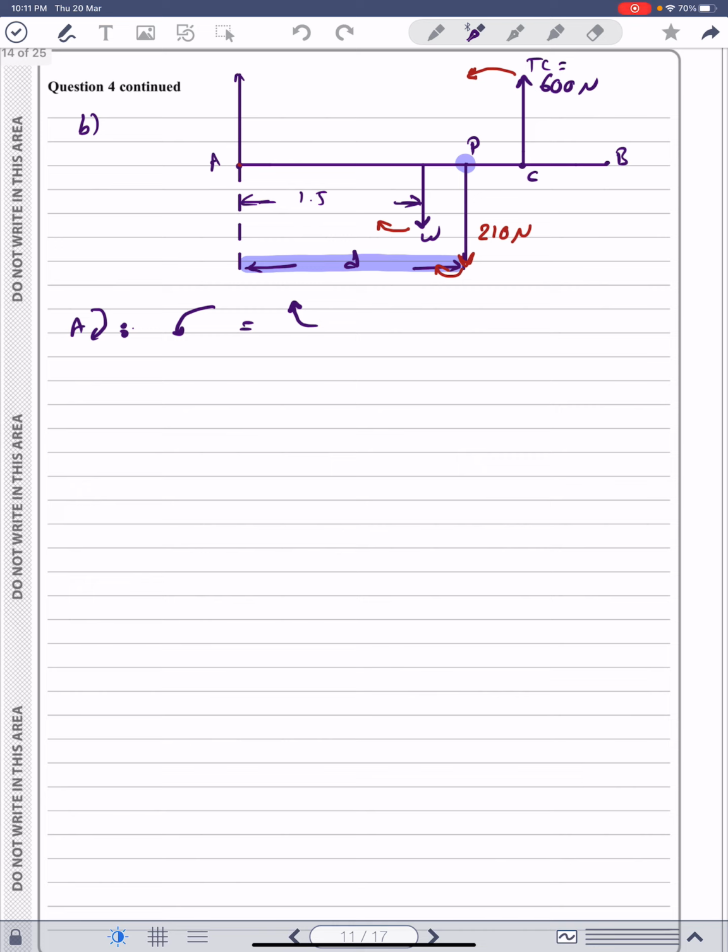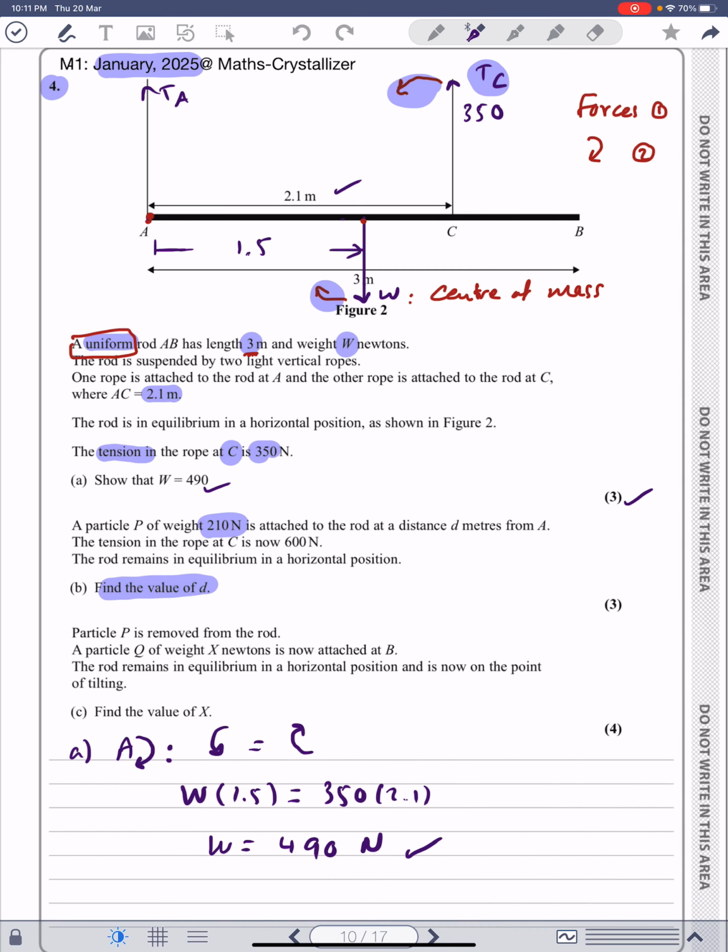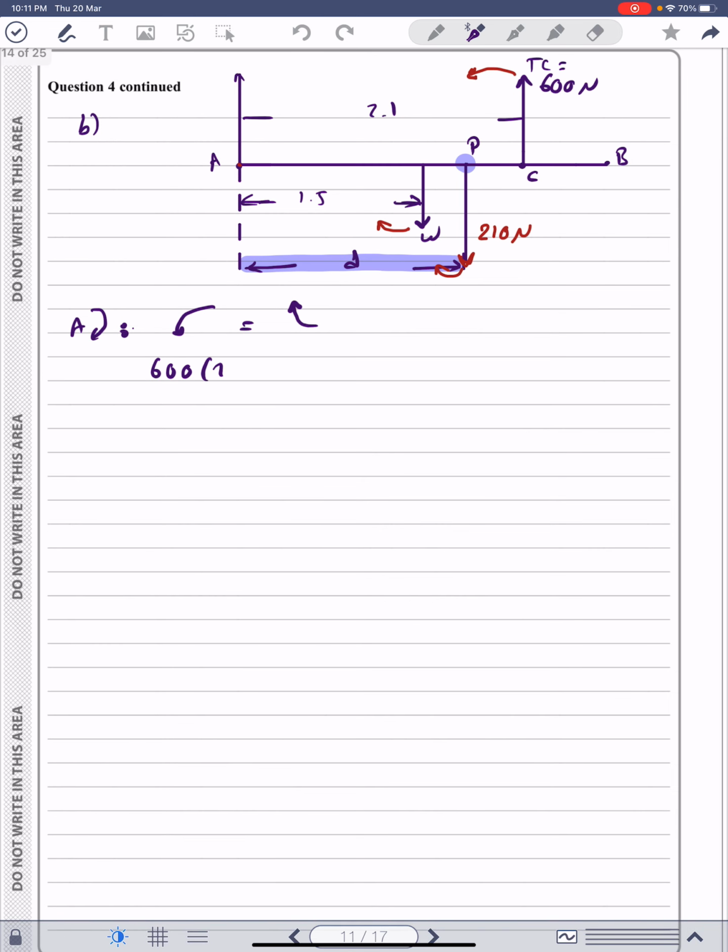We have only one force anti-clockwise, which is 600 newtons, that is far from A, 2.1, as he gave me in the beginning, equals W, that is 1.5 from A, and 210, which is D from A.